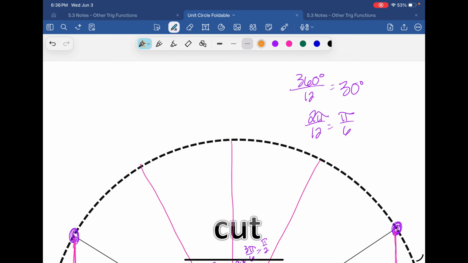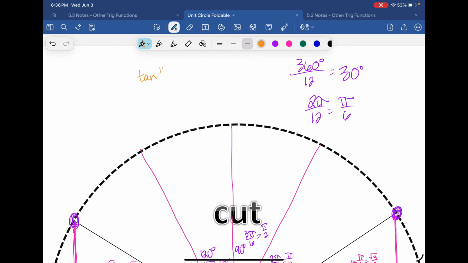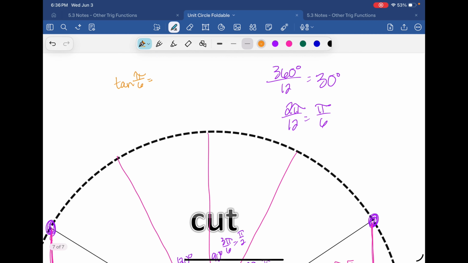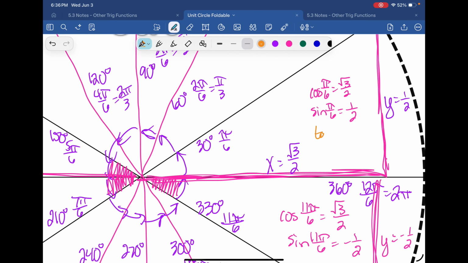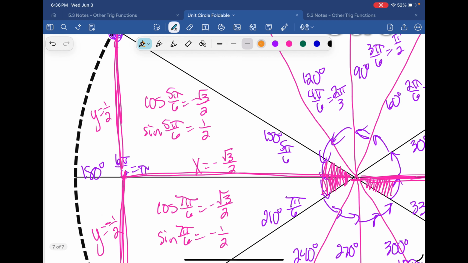And our last ones are pi over 6s. Okay, that's y over x, so 1/2 over root 3 over 2. Multiply by the reciprocal. Can't have that radical in the denominator, so multiply by that root. Root 3 over 3. Quadrant 2.